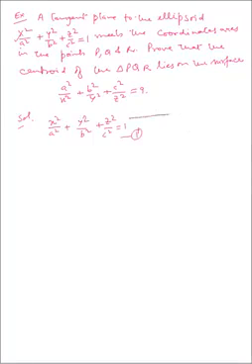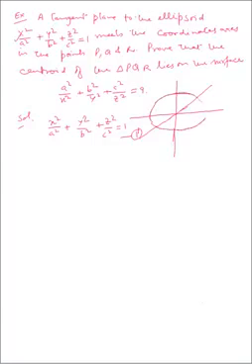Let's draw the ellipsoid and see the 3 points P, Q, R. We take 3 points, P here, Q on the y-axis and R on the z-axis.